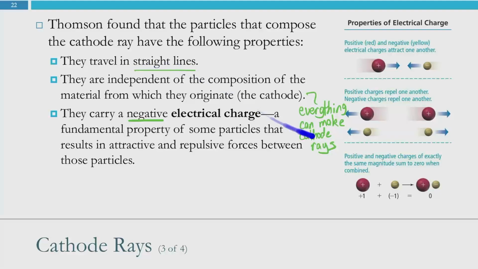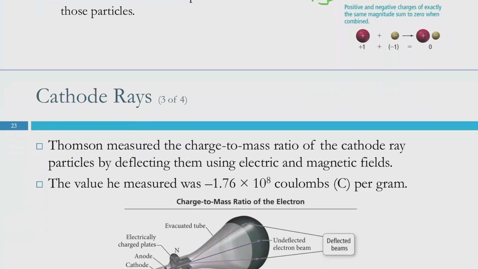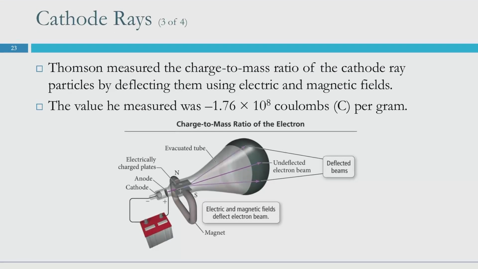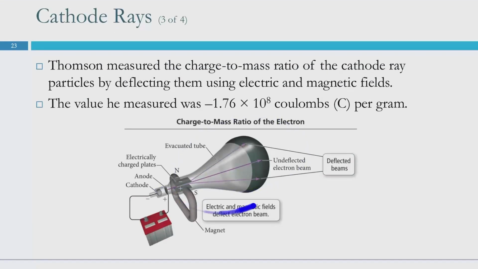So we've got negatively charged cathode ray particles. They travel in straight lines. Everything can make them. Some more investigation with some crazy maths. They took a different type of evacuated tube, it's this horn-looking thing, and they set up the little cathode ray station here. So he's making cathode rays, and he put a little hole in the anode, which is a tiny little hole.